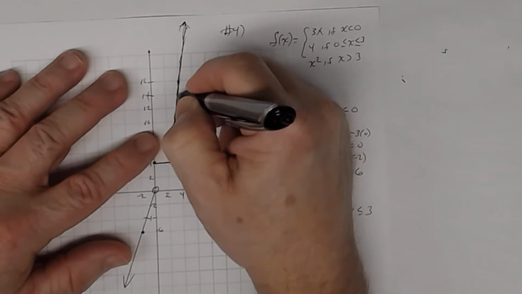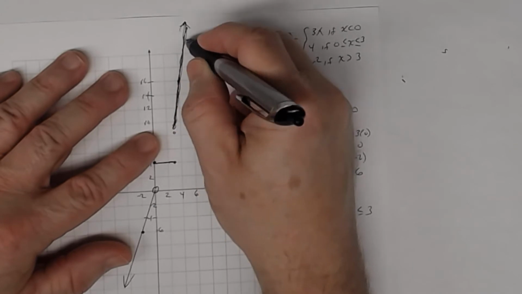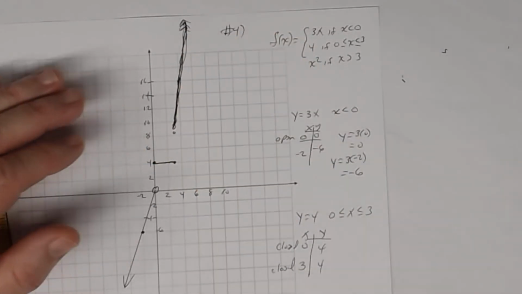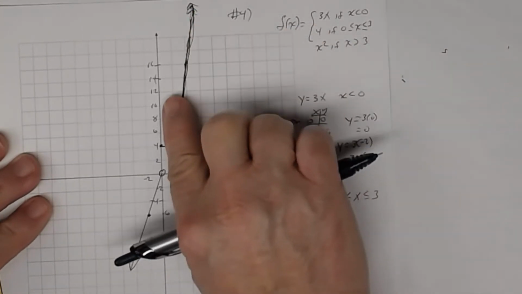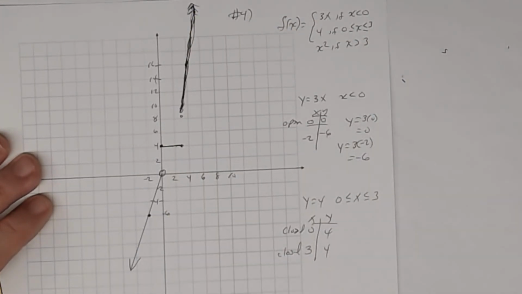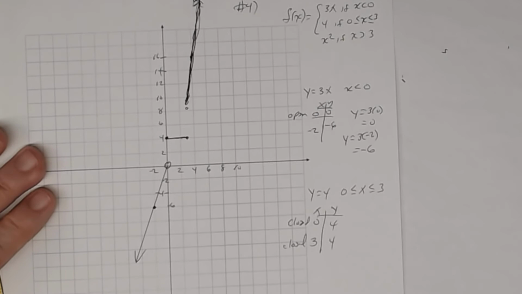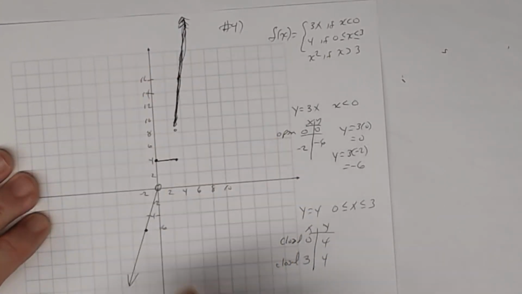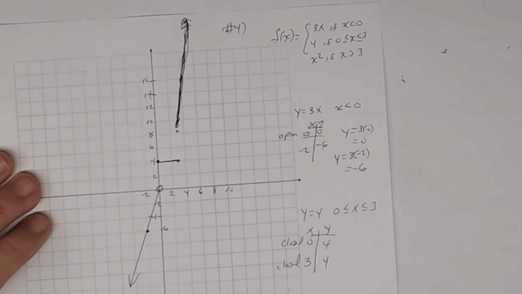So I'm trying to make it look a little bit curvier. It's not supposed to be a line, so I'm trying to make it look more curved. All right. Okay, so that's the best I could do with this based on the fact that I didn't have enough space up here.